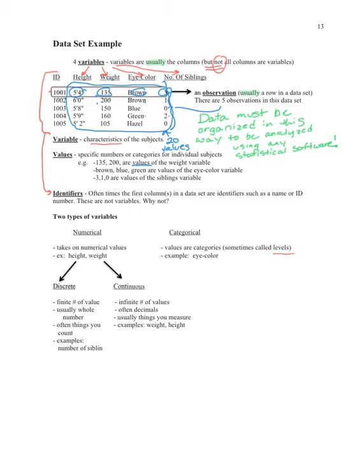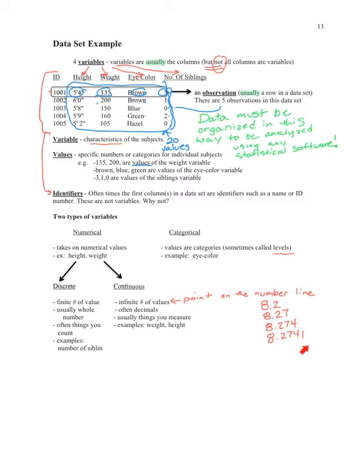Continuous, on the other hand, has an infinite number of values. A value is actually a point on the number line, and you could think of it as having more and more decimals. So it could be 8.2 or 8.27 or 8.274 or 8.2741, depending on how fine of an instrument that you have to measure that number. So you get the idea.